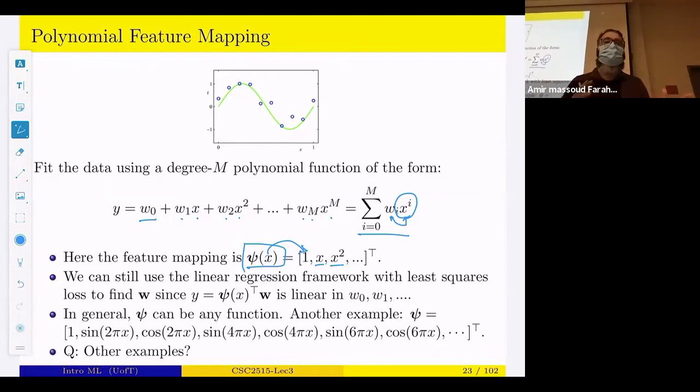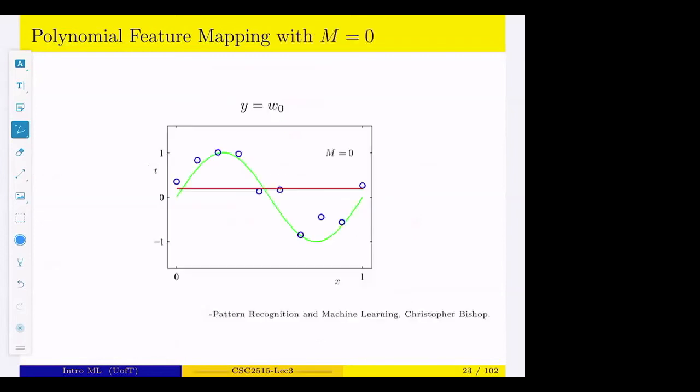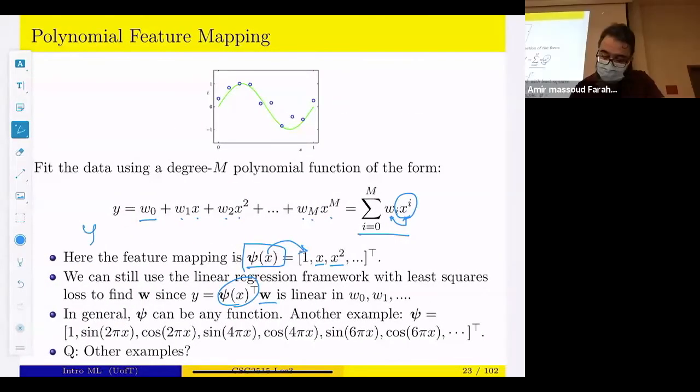So we can still use the same framework of linear regression as before, but instead of having our model be W transpose x, or to be consistent, x transpose W, we change it to psi of x transpose W.